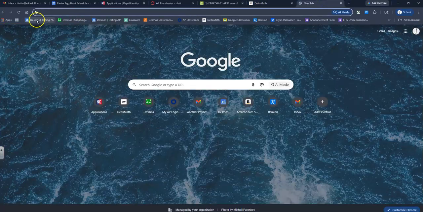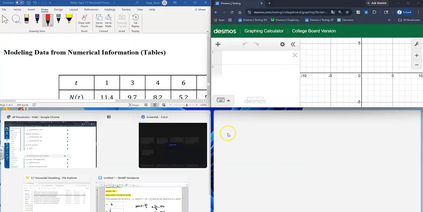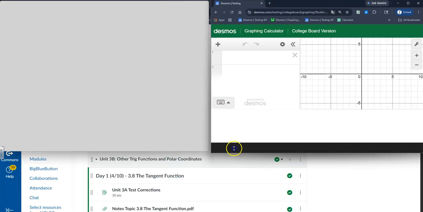We are going to go to Desmos. And we are just going to put our data in.